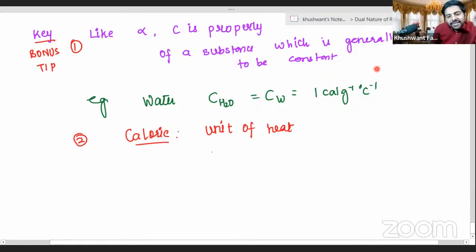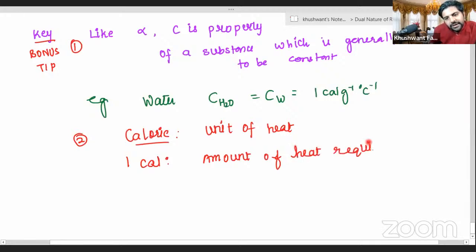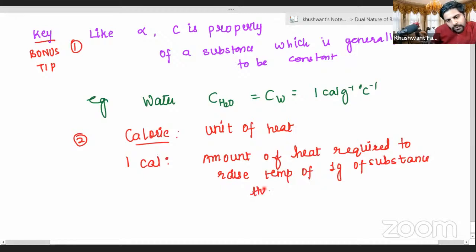I repeat, ठीक है, 1 calorie is also defined as the amount of heat which is required to raise the temperature of 1 gram of a substance through 1 degree Celsius, है ना.